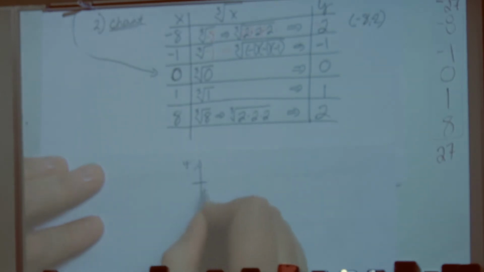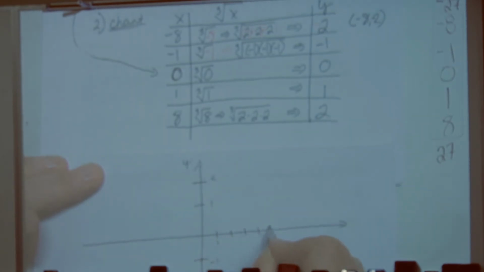So I got 2, 1, there's my 0, -1 and -2. I'm just gonna do single ticks out on the x-axis, so 1, 2, 3, 4, 5, 6, 7, 8.